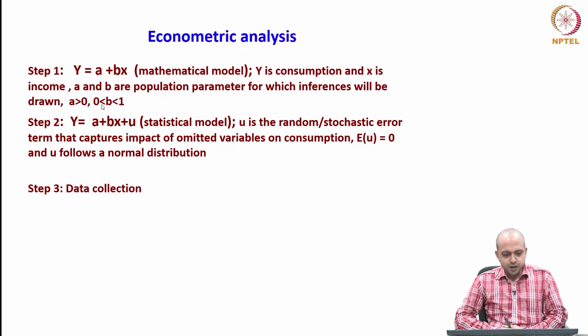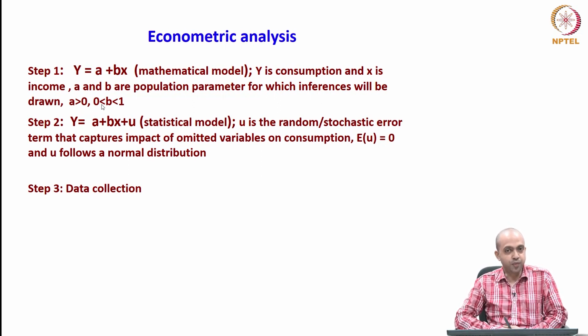And this beta, the coefficient which is attached with income, has a specific name in the literature of macroeconomics. It is basically called the marginal propensity to consume. That means, for a unit change in income, how much your consumption is going to increase.